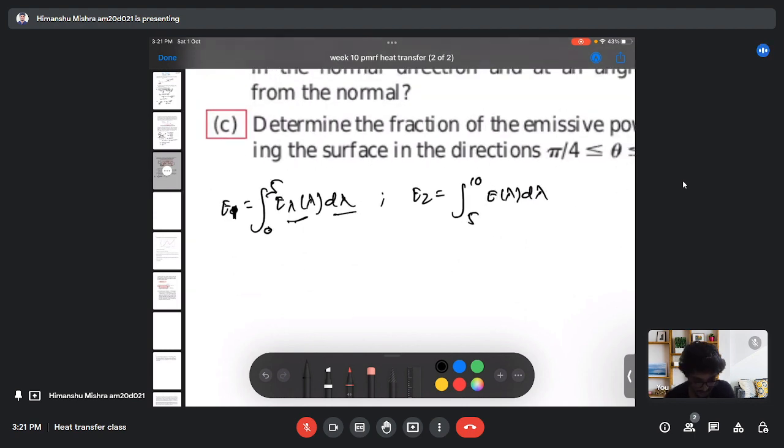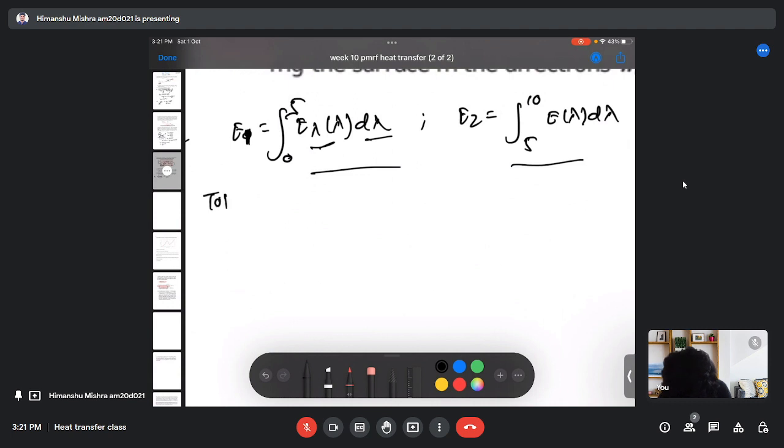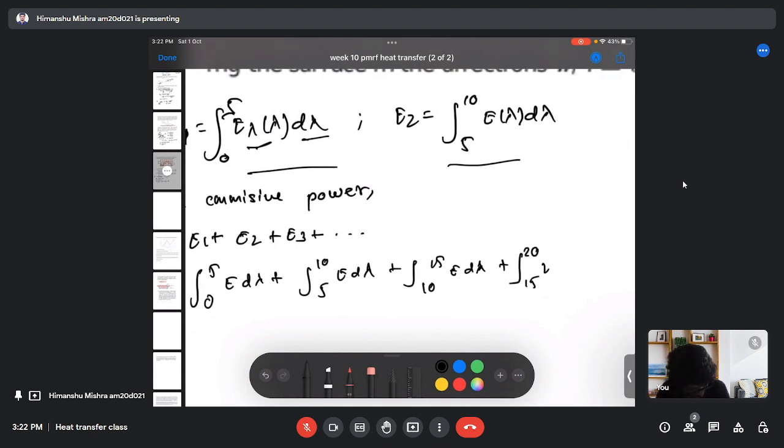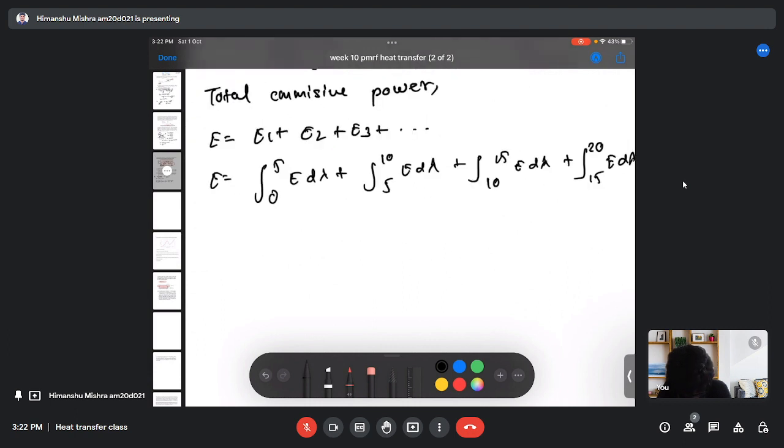So by taking the integration of each emissive power over a certain range of wavelength, and then the summation, we will get the total.